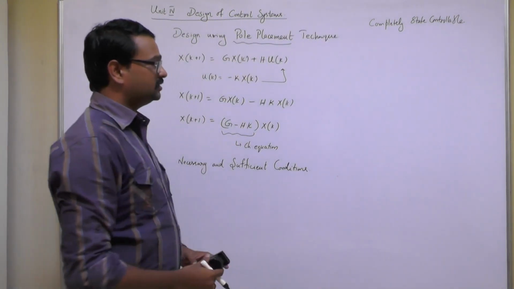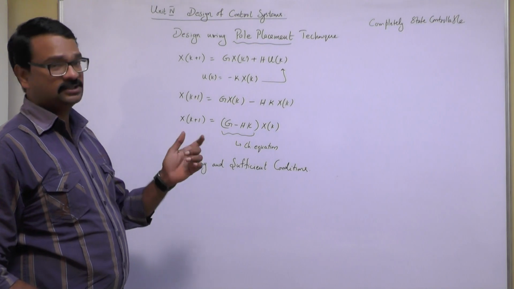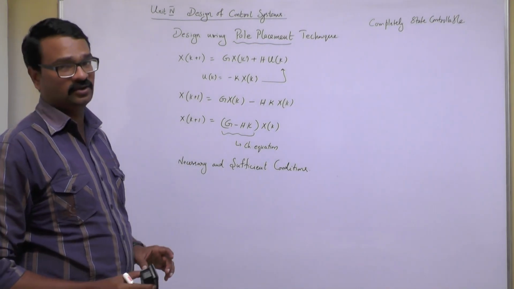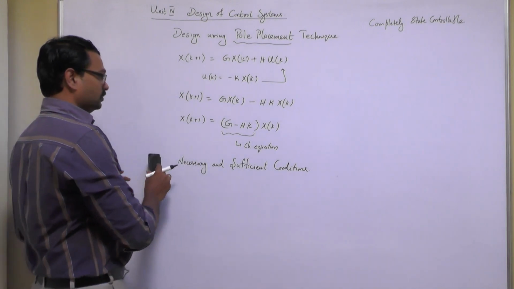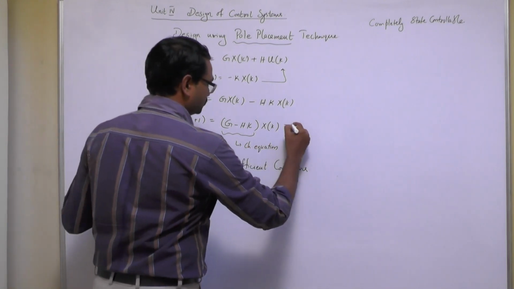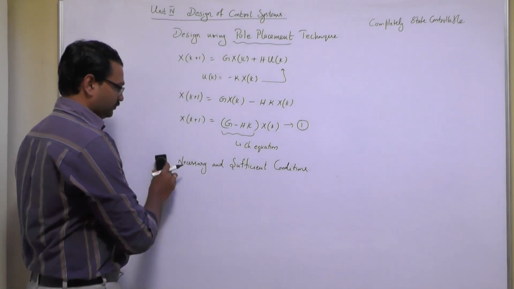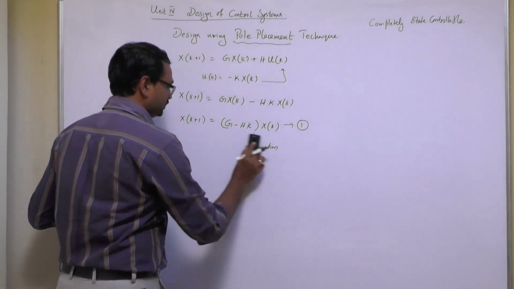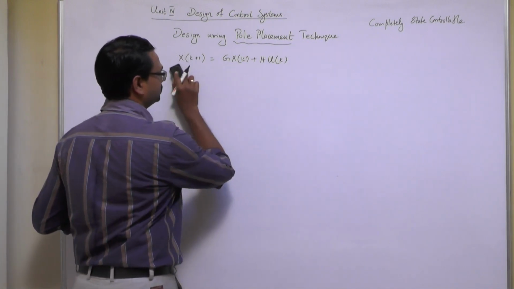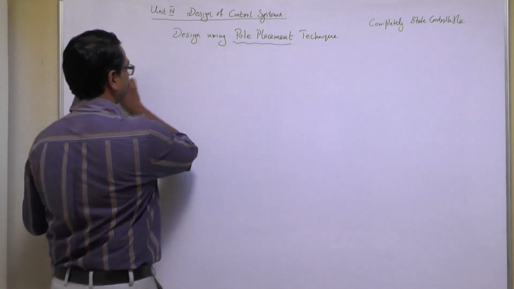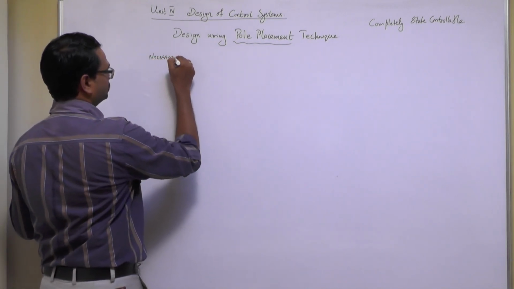This is our first thing. For example, let us say the system is not completely state controllable. Let us keep this equation in mind: g minus hk times x of k, which gives the characteristic equation. Now we will go step by step and derive the necessary condition.